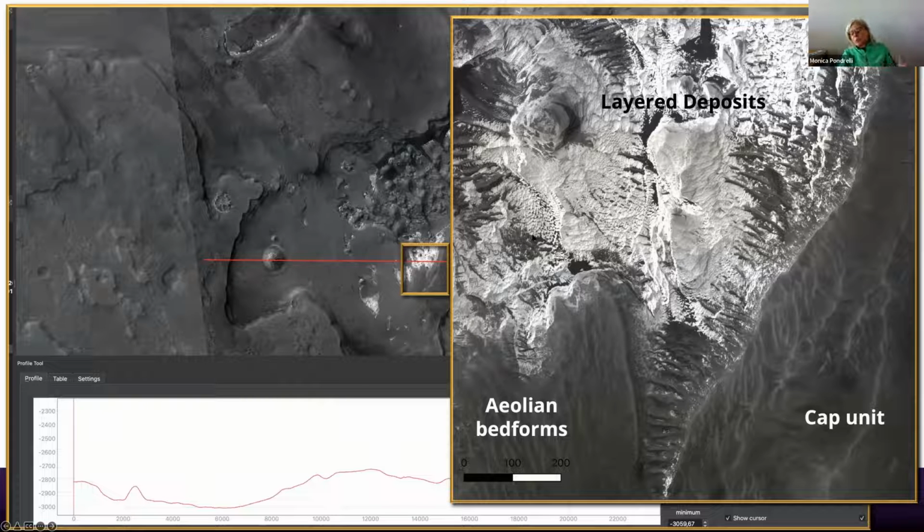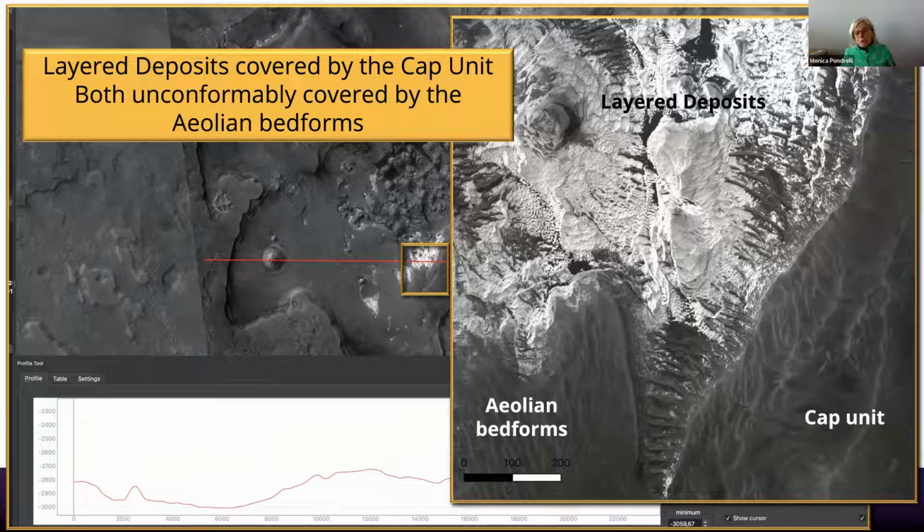The contact between the aeolian bedforms and the layered deposits and the cap unit is a very simple example of an unconformable layer. You have these aeolian bedforms, which erode the cap unit and are transported and deposited on top of the cap unit and on top of the layered deposit.